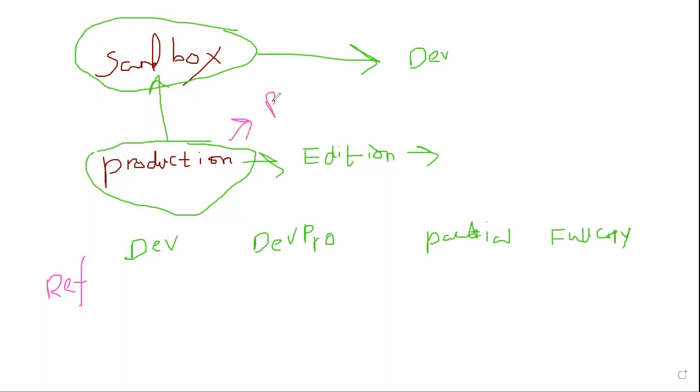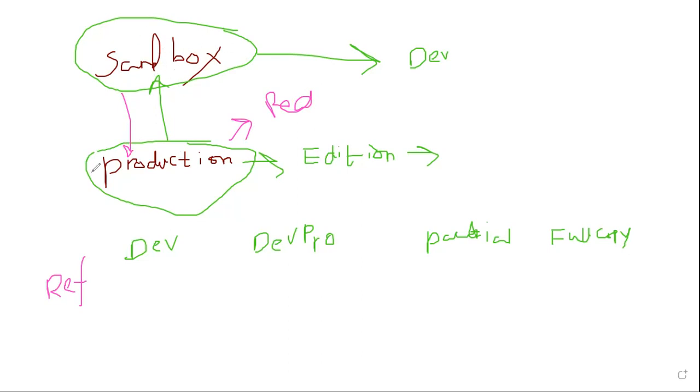Whereas in the sandboxes, we implement some features, and if that feature meets the requirement, we deploy it into production. So synchronization, the refresh interval, means production and sandbox should have the same configuration so that we can test any functionality very efficiently in a sandbox.